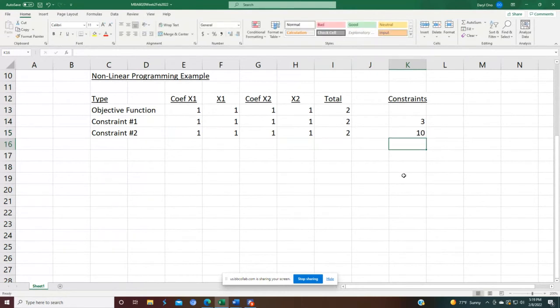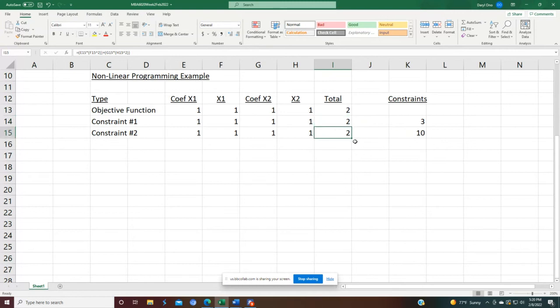So it looks like we have it formulated correctly. Any questions? Do I need to go back to any cells? Okay, so here we go. Now remember, this constraint has to be greater than 3.